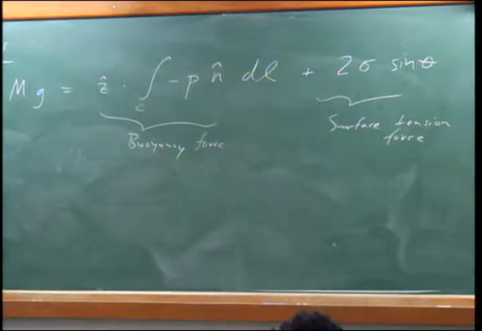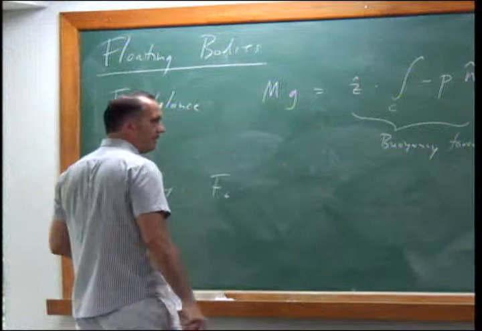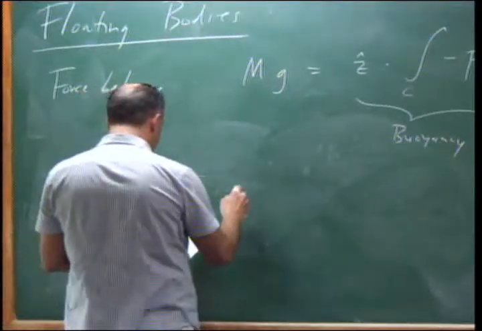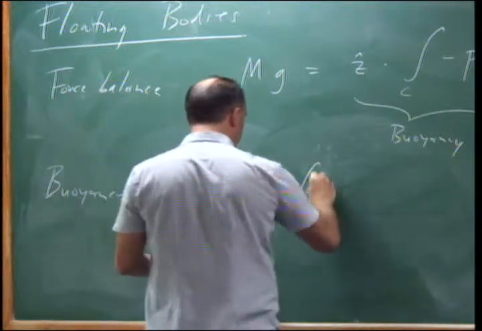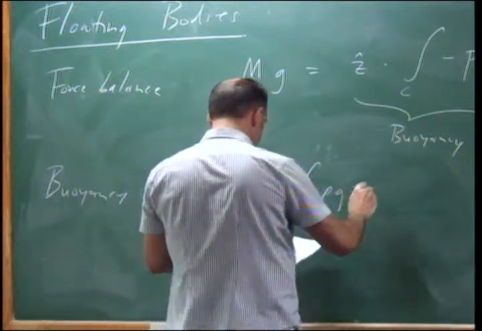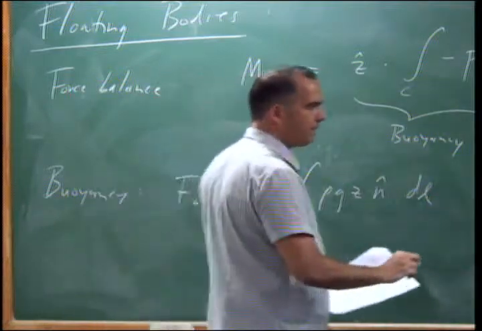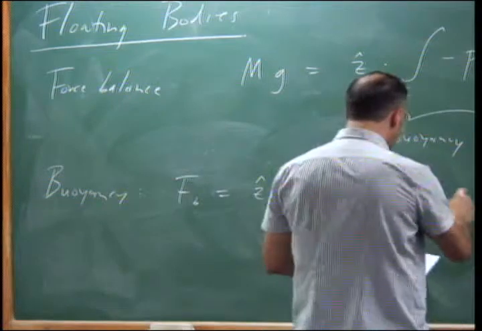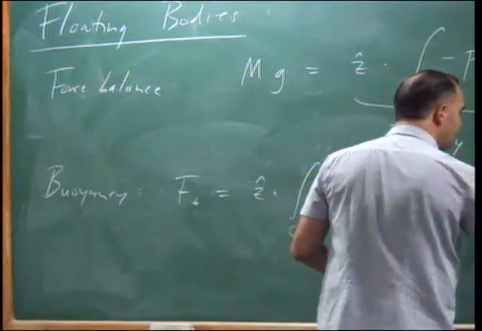So let's compute the buoyancy. This just looks exactly like what we did previously. We're basically going to integrate rho g z dl along C. This just gives you the weight of the fluid displaced above the body.